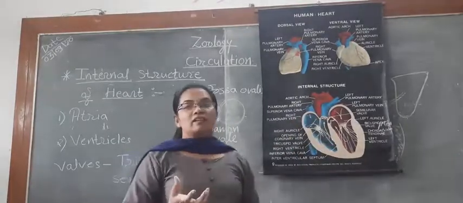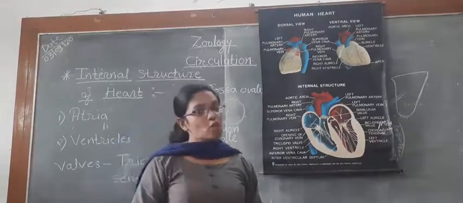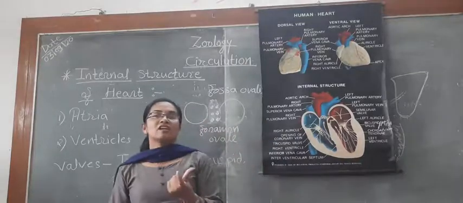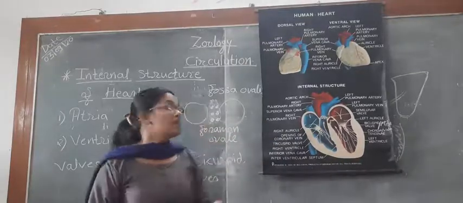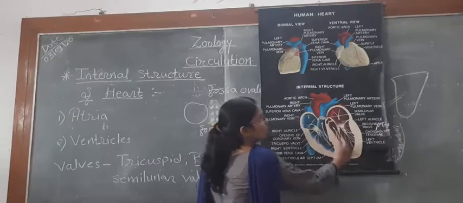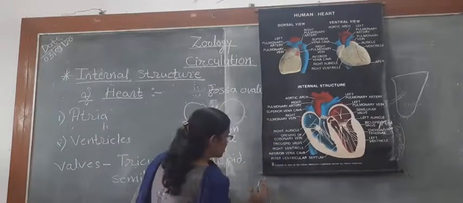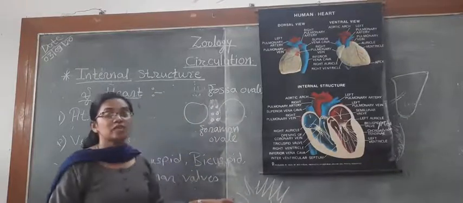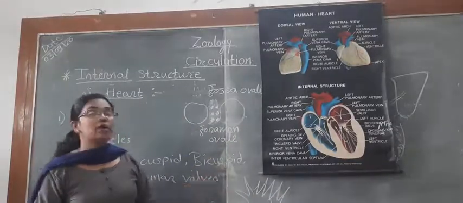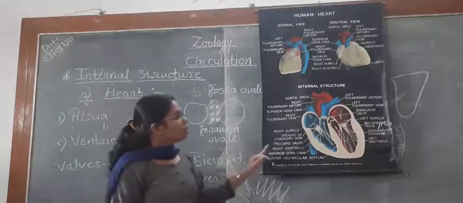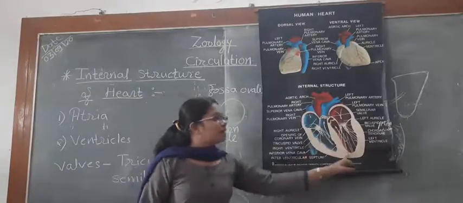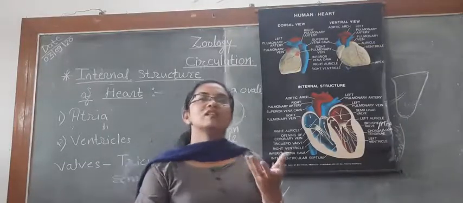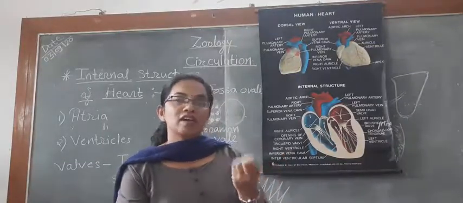But why do the ventricles have the thickest wall, especially the left ventricle? Because the inner surface of the left ventricle is thrown into a number of ridges and furrows. It is called the columnae, or trabeculae carneae. This part is made up of cardiac muscles. Cardiac muscle works by contraction and relaxation.